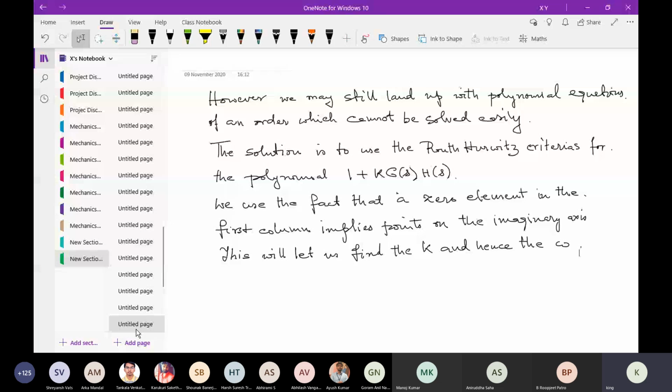What we will see in the Routh array in that case are expressions involving k, and we will get the possible values of k which lead to this situation. From that value of k we can go back to the characteristic equation and find the j omegas.